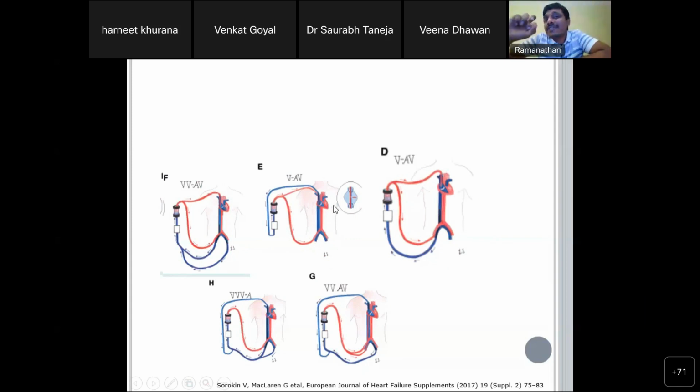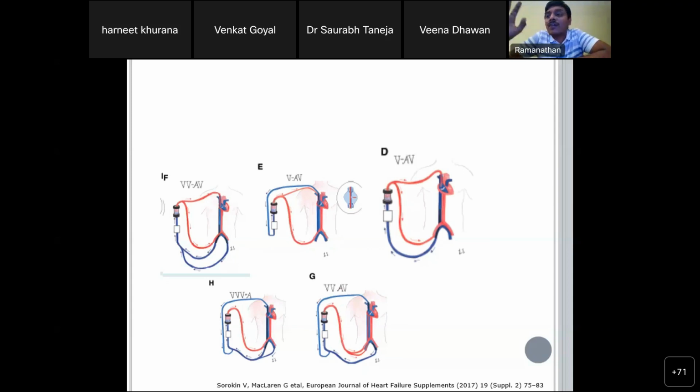Mind you, these are all theoretically possible. In clinical practice, we only use 1 or 2 of them, not all of them. I'll highlight those 2 which we commonly use clinically, while the remaining are all theoretical possibilities which you should be aware of.